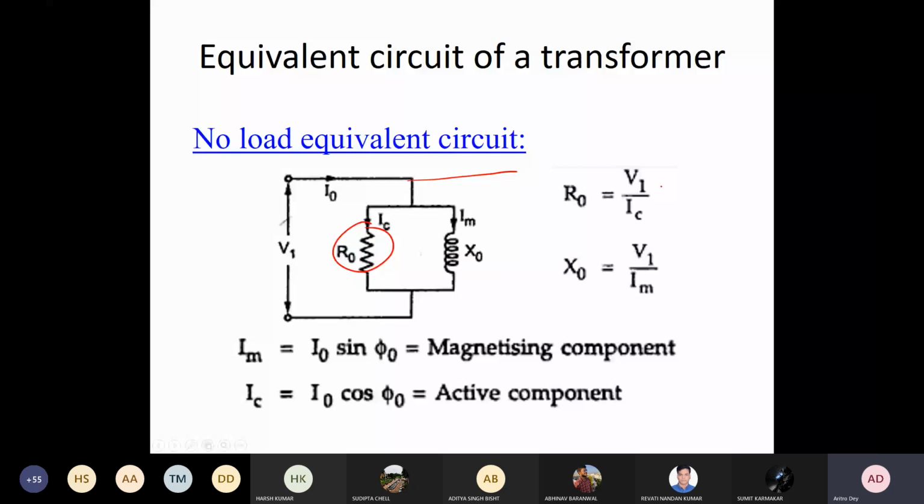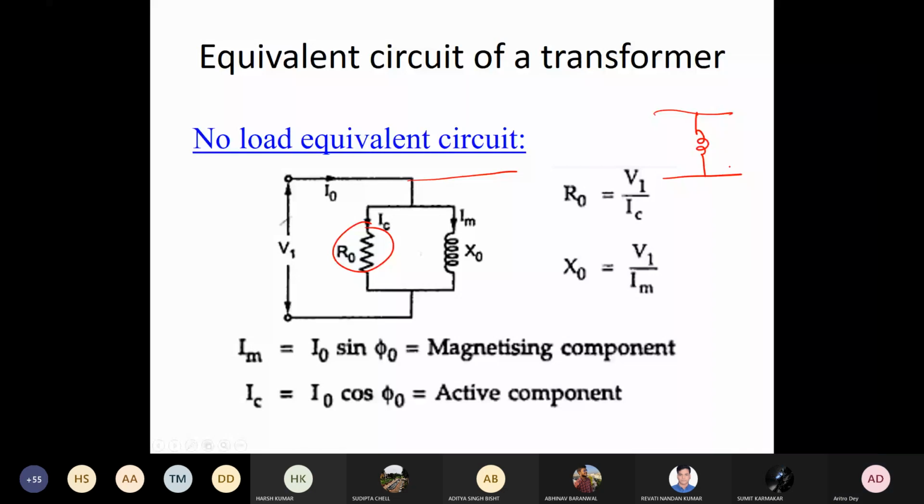So here it is assumed that in the ideal case, when there is no leakage reactance and resistance in the coil, and the core loss component is negligible, then if core loss component IC is very small, your R0 will be very high. If it is very high, we can assume it as an open circuit. So we can simply write it like this. This is your no load equivalent circuit.